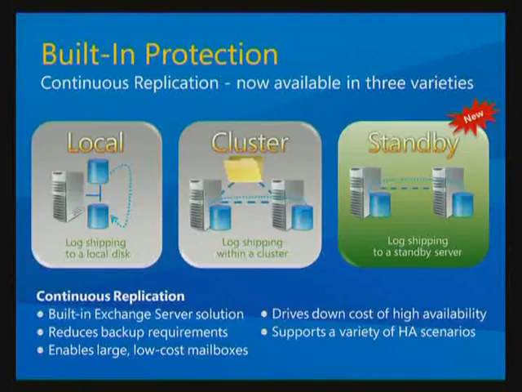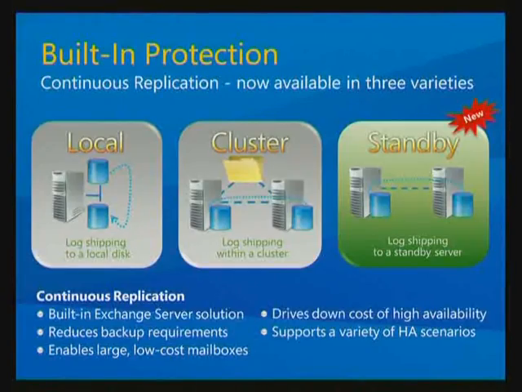As users are experiencing their mail and creating new mail, new log files are generated and replayed against that second copy. In the case that you have some disk failures or corruption in that database, you're able to quickly fail over to that second copy within that server. However, that doesn't give you protection against an actual server outage.